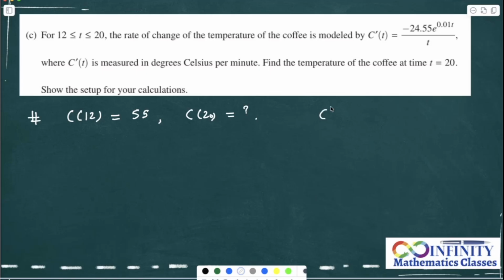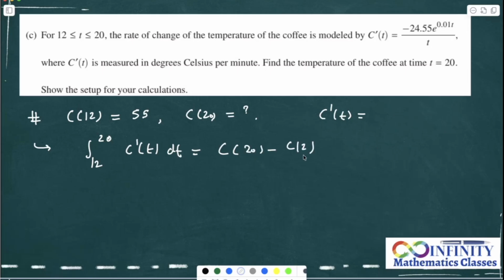And during this, I know how the rate of change behaves. So it is a simple task now. Yes, I need to integrate from 12 to 20 this C prime t dt. This is going to be C(20) minus C(12).